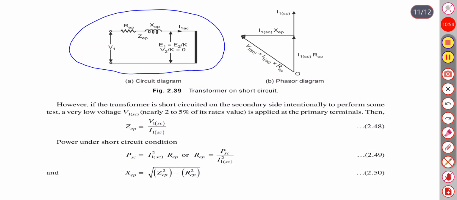In this case, V1 is the applied voltage, REP, XEP and ZEP are the quantities referred to the primary, and this is the short circuit current I1SC. E1 equals E2 upon K, and V2 upon K equals 0 because the secondary is short circuited.